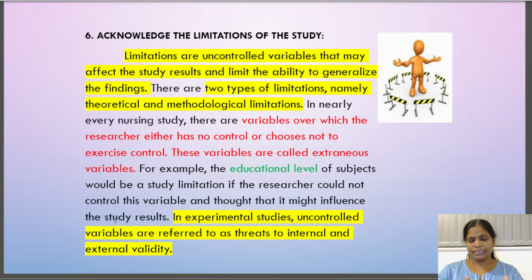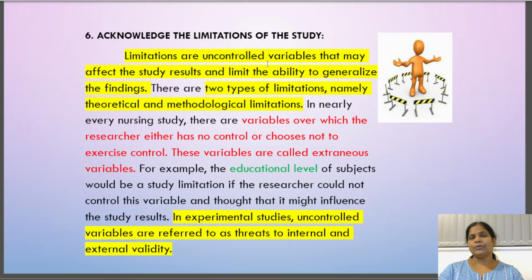The word limit itself means setting some boundaries. We have different types of variables, independent variables and dependent variables. Limitations are uncontrolled variables that may affect the study. We have limitations and delimitations. There are certain limitations where we try to limit the study.